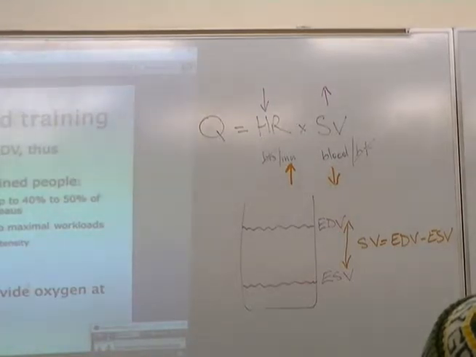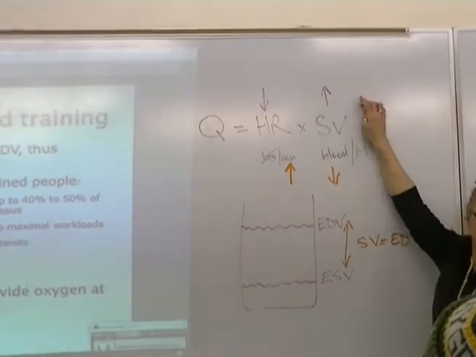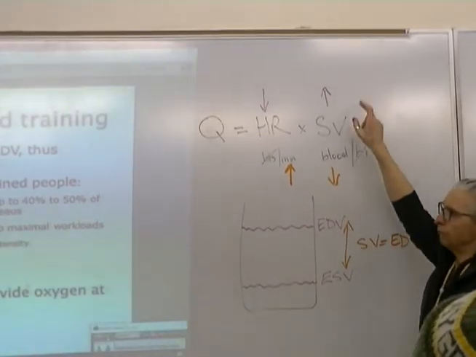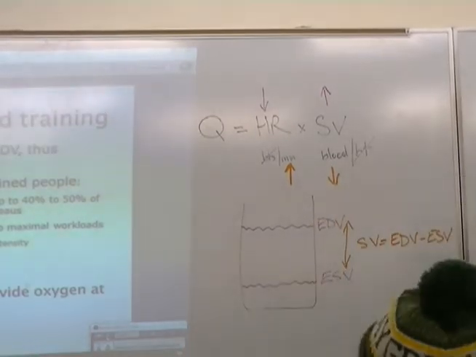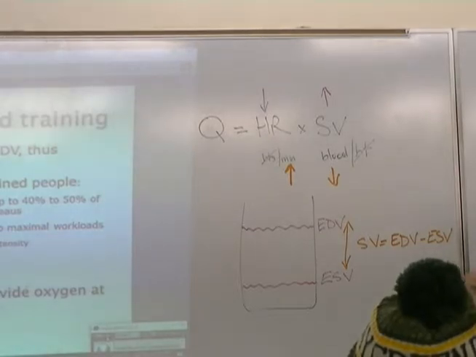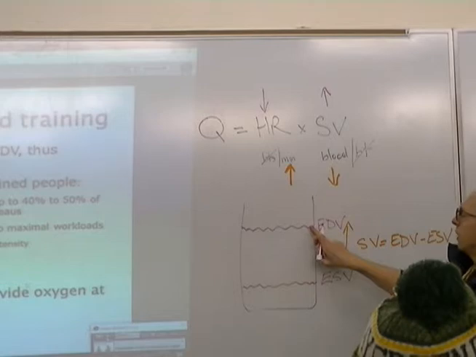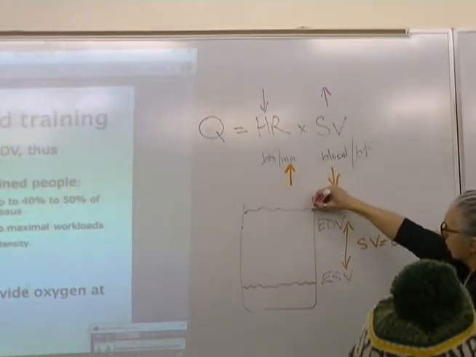So if I do aerobic work, we see an increase in this stroke volume. The increase in stroke volume occurs for a couple of reasons. The most obvious one is that we see a change in end diastolic volume.